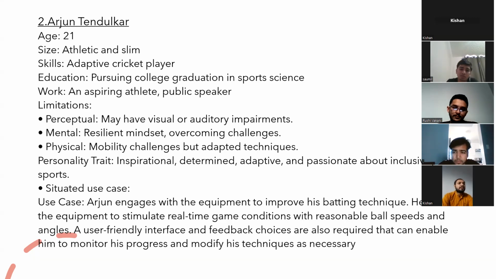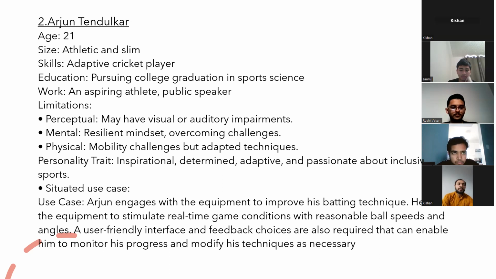For the second, we chose Arjun Tendulkar. He is an athletic, slim, and adaptive cricket player. He has visual and auditory impairments. In his case, Arjun uses this machine for improving his batting techniques, and he also wants feedback from the machine.